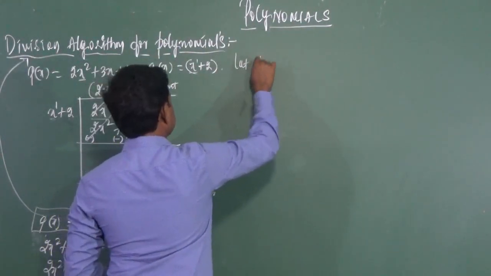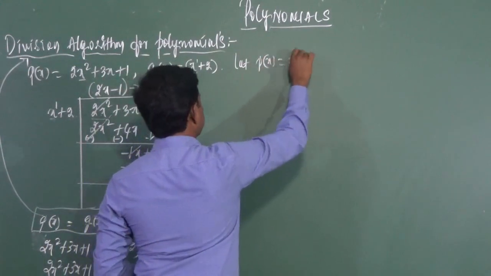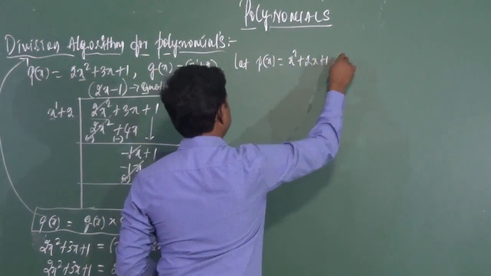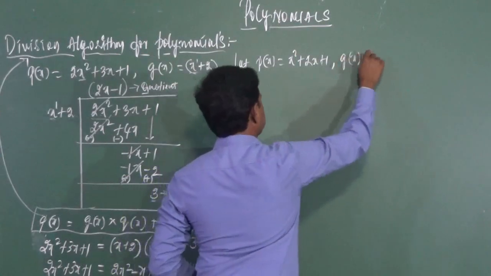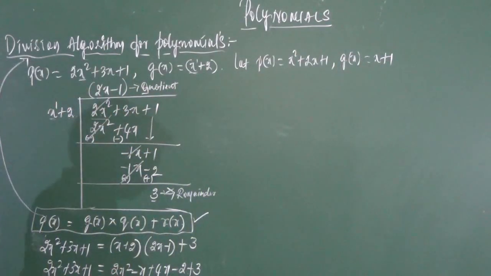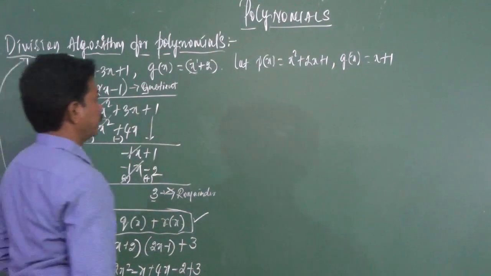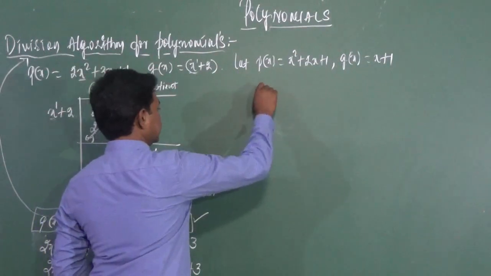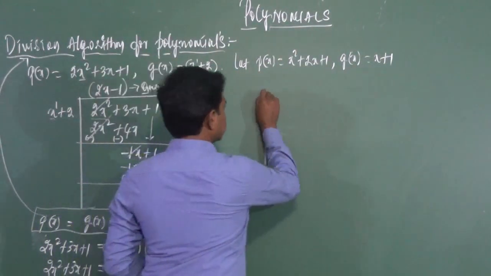Let p of x be x square plus 2x plus 1 and g of x be x plus 1. You can observe the degree of p of x is more than the degree of g of x. So let us divide this. Let us take the process.